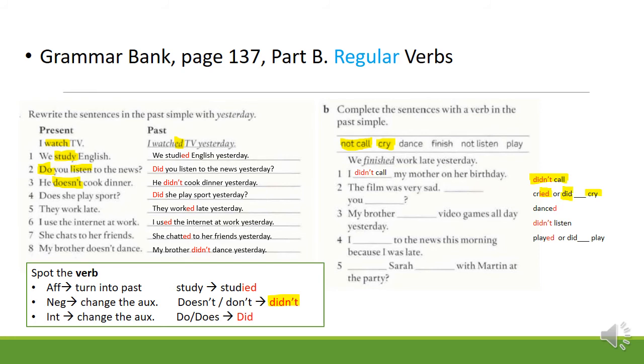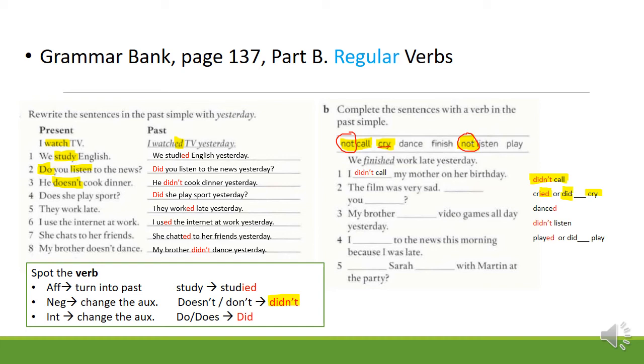Each of these verbs can be used either in affirmative, negative, or interrogative. When you have the negative particle not, you will use the negative form. That's why we will use didn't call and didn't listen.